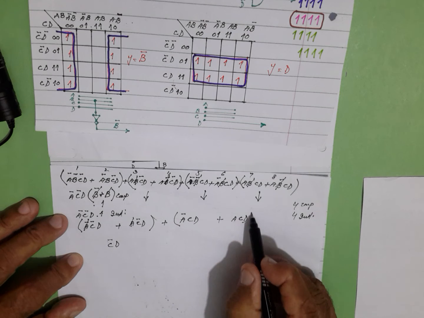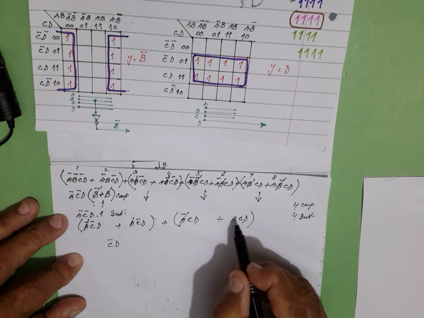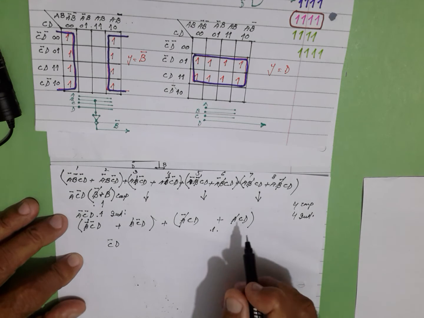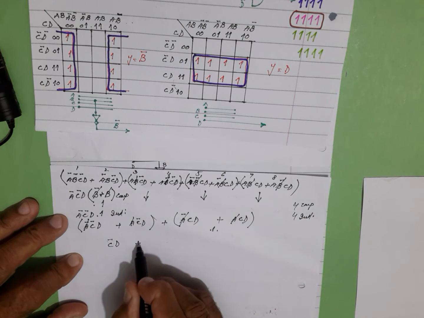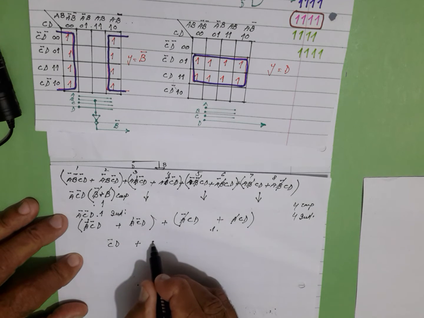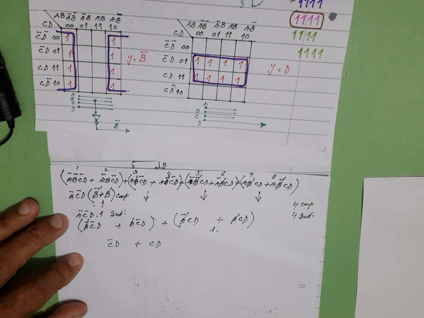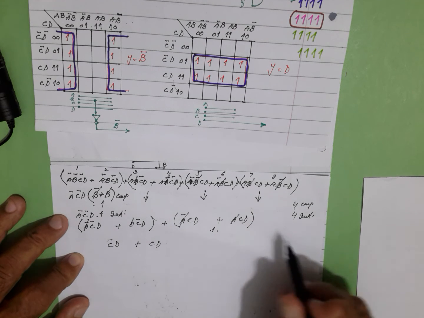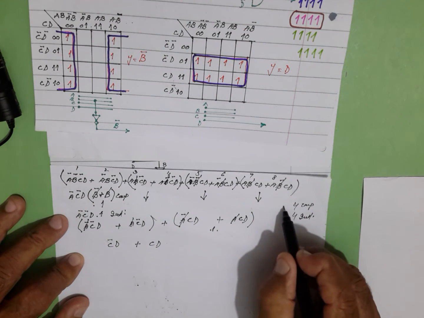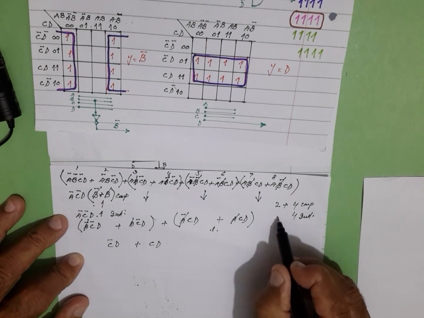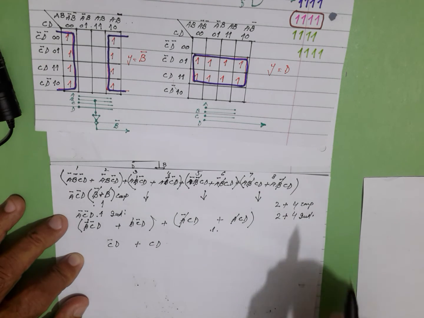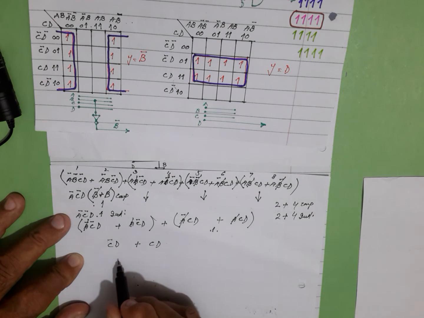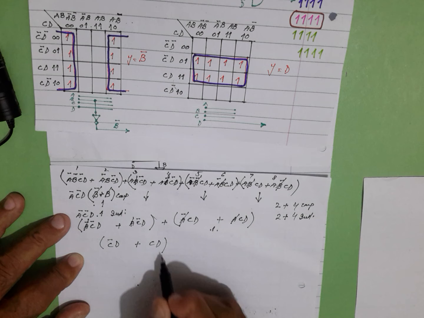For this, again A bar is changing, complement law, and then identity law, we have C D. For these 4 equations, we have applied 2 complement laws and 2 identity laws. And from this, let us now further simplify.